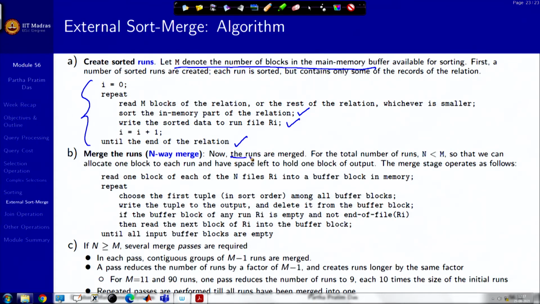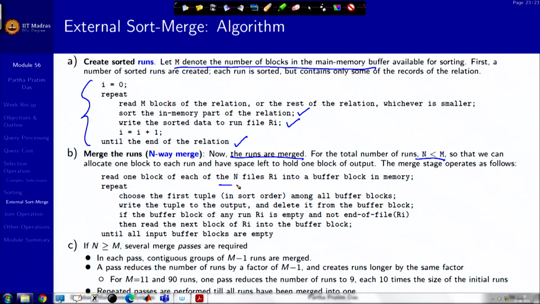Next, the merging has to happen. The sort part is done, now the merging has to happen. There are 2 possibilities. One is that the total number of runs N could be less than M, the number of blocks that fit into the main memory. Then we can allocate 1 block to each run and have space left to hold the block of the output.